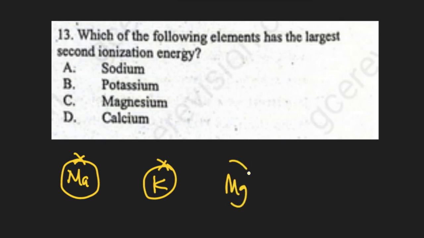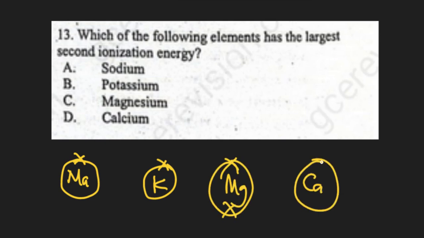We have magnesium with two valence electrons. We have calcium with two valence electrons. And we realize that sodium has atomic number 11 and potassium has atomic number 19. Magnesium has atomic number 12, calcium has 20.